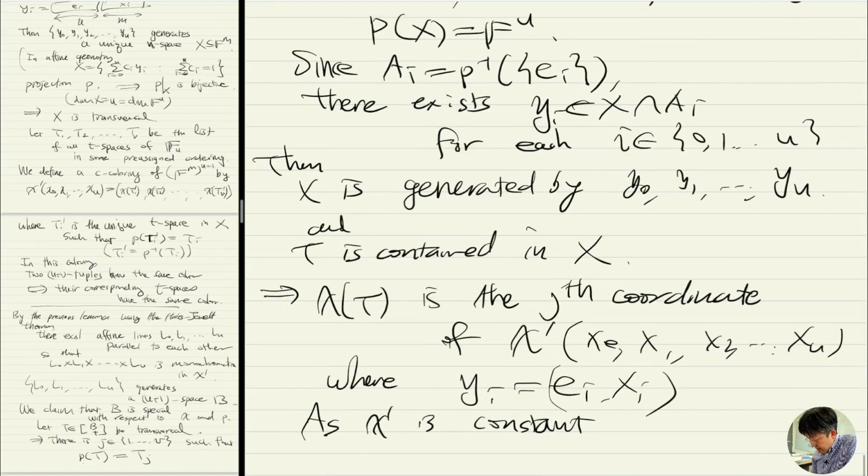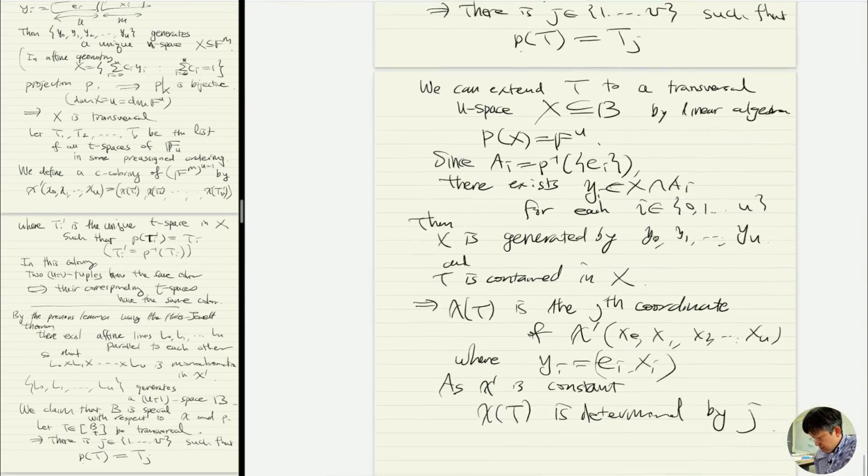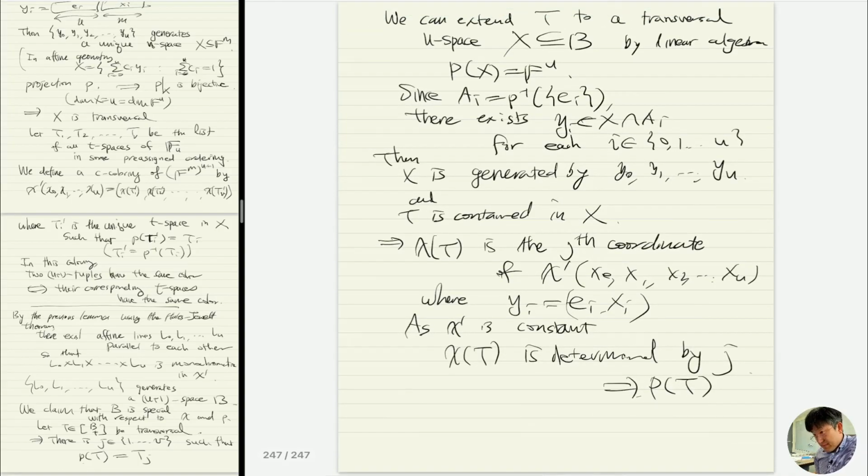Because it's in B, chi prime is constant. That means the J's coordinate, chi of T, is determined by J, right? And this choice of J is fixed. So J is determined by the projection of T. So that just means that B becomes special. All right.